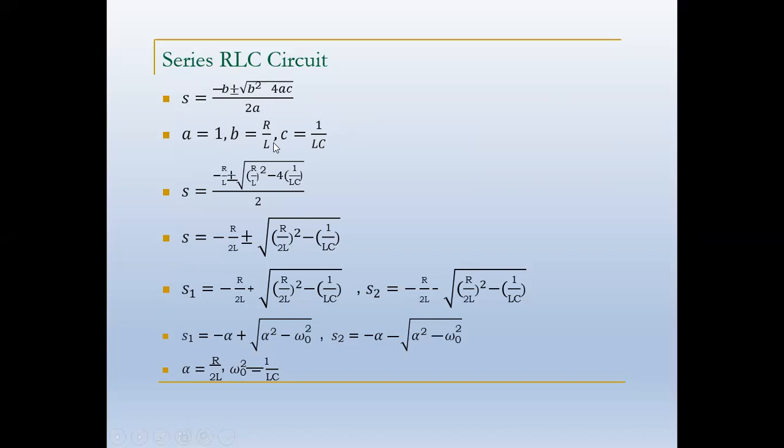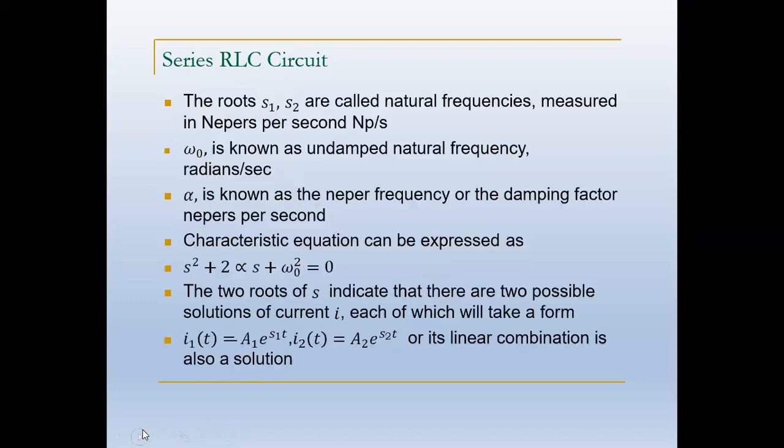Now, to identify the roots of this equation, we must know the different types of roots associated with it. To identify those roots, we must go through the frequencies which are associated.